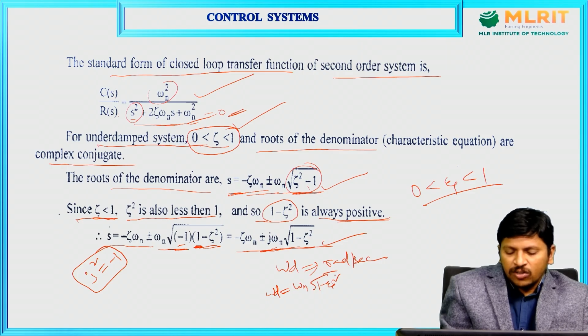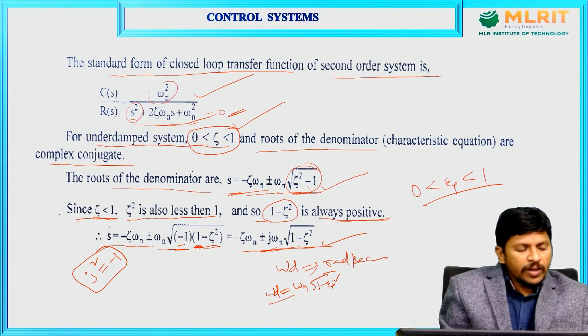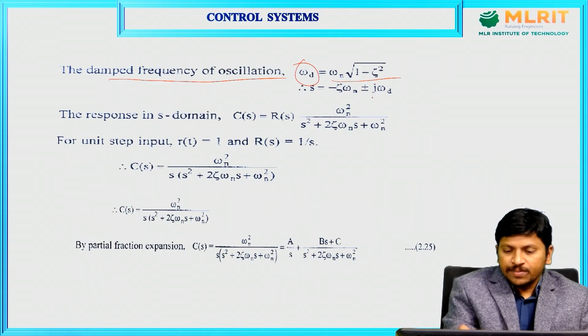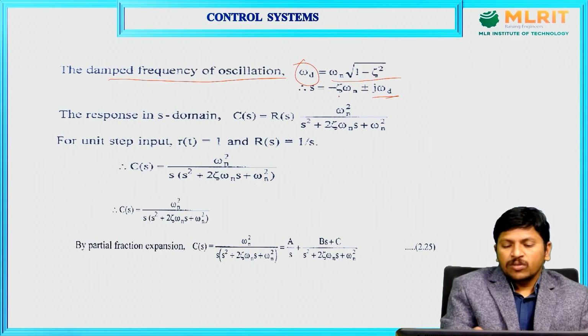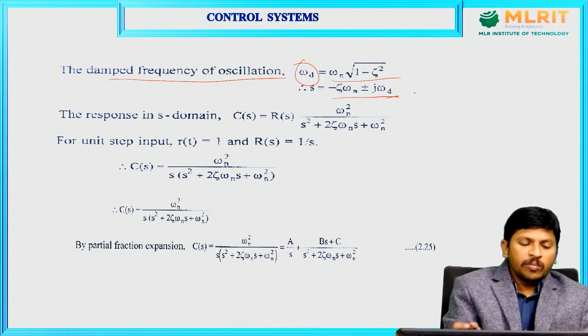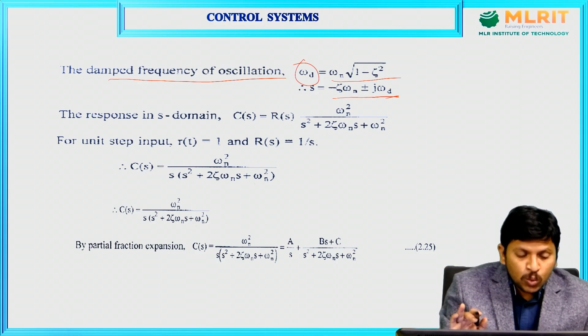Omega d is the damped frequency of oscillation in radians per second. Just substitute omega d in place of omega n under root 1 minus zeta square. So s equals minus zeta omega n plus or minus j omega d. These are the roots.